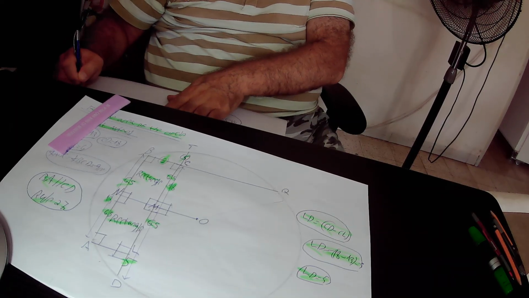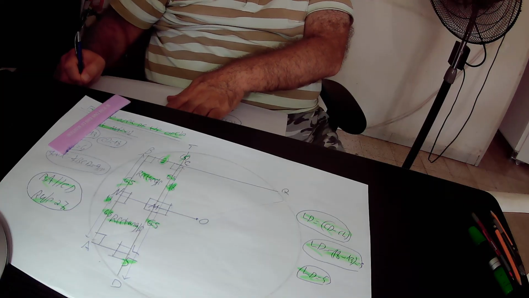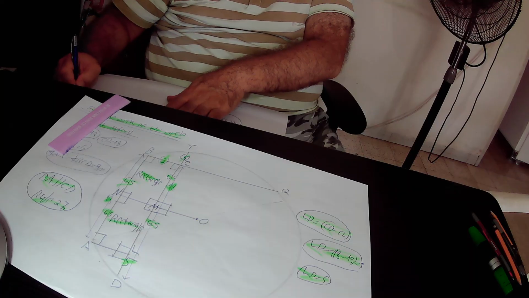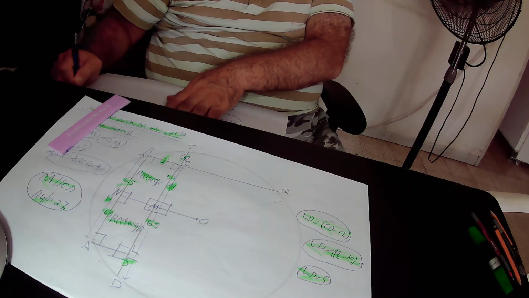And whenever you have two chords that intersect with each other, you can implement Rule 15. So let's repeat Rule 15 quickly.